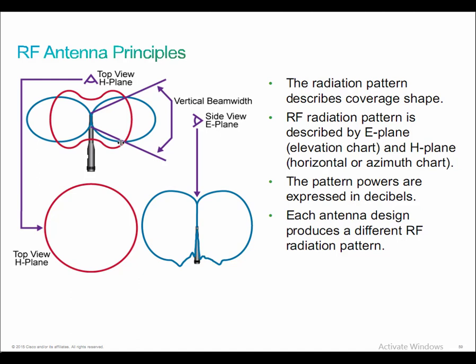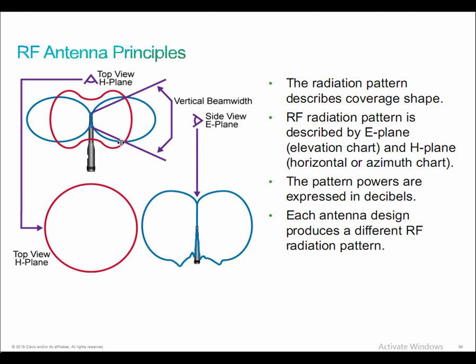When you go out to Cisco.com, for example, and search on wireless antennas, you can see there's a guide, a PDF document that describes all the different antennas and their planes of radiation, or the patterns of radiation.